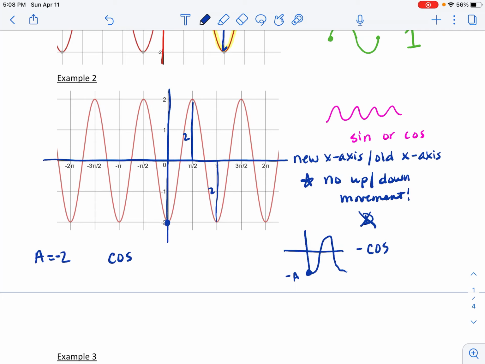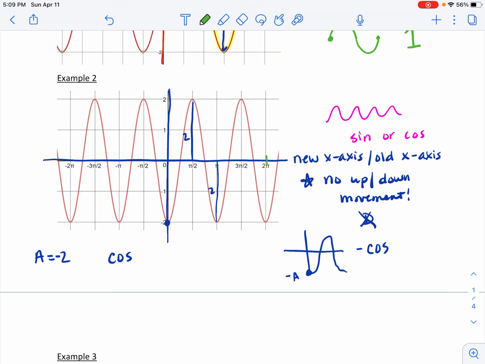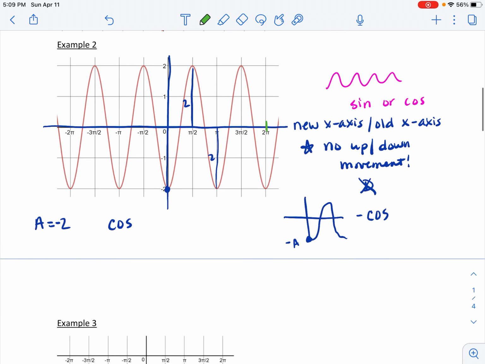Now, how do I find my B? So I want to look at how many full cycles of cosine are there in a period of 2 pi. So look, here's 2 pi, and that will always be on your graph, okay? There's 2 pi. So how many full cosines fit in a period of 2 pi? Well, what does a full cycle of cosine look like?